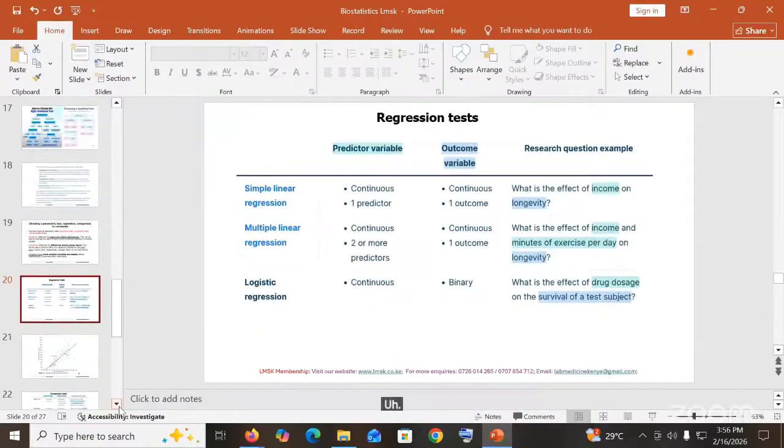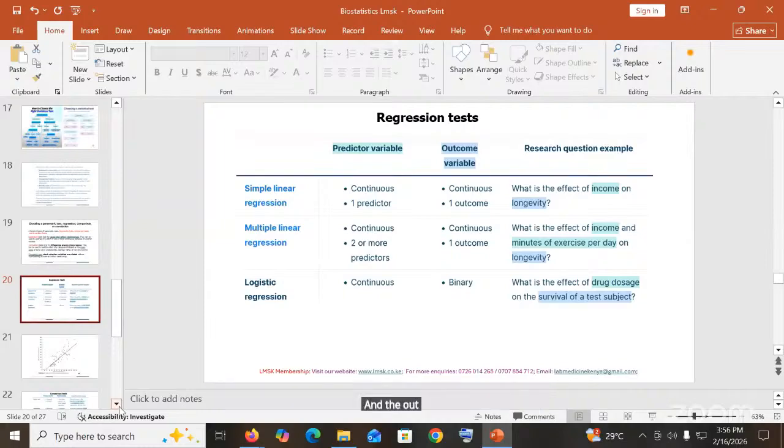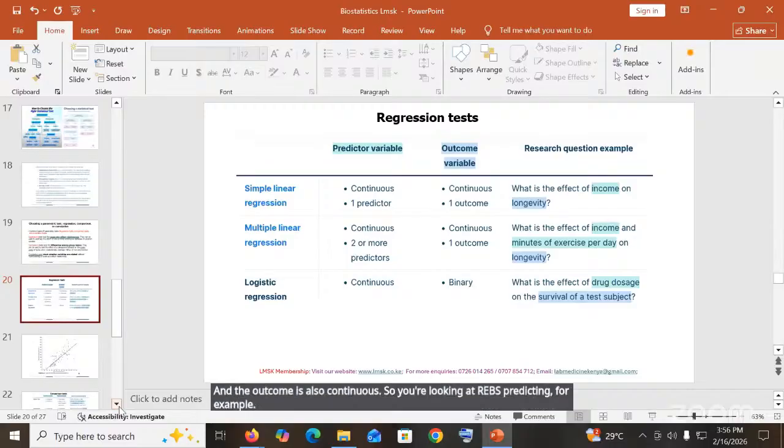In regression tests, it can either be simple or multiple linear, and these are just examples we can look at. For simple linear regression, you're looking at a continuous predictor variable, and the outcome is also continuous. So you're looking at RBS predicting, for example, HbA1c. You will ask, what is the effect of RBS on HbA1c?